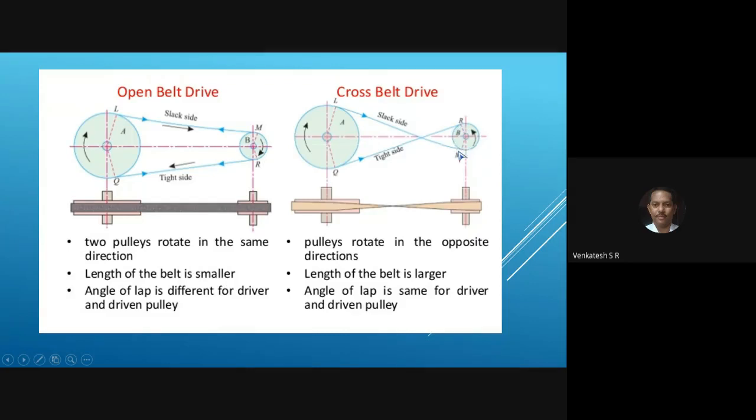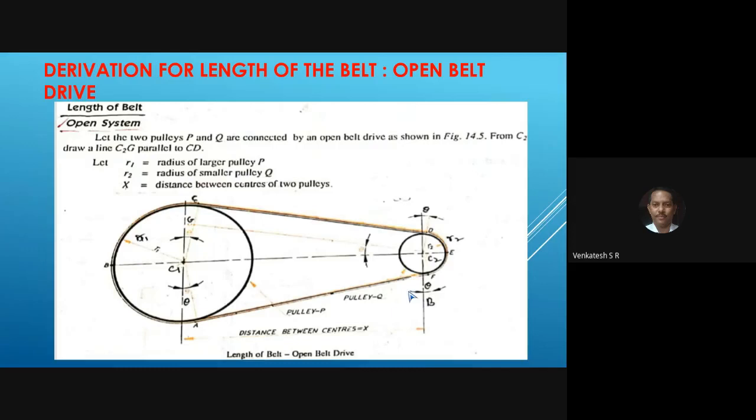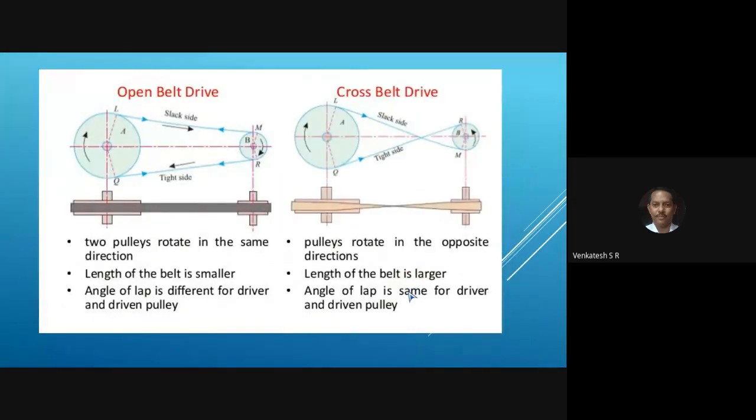See the contact: only this much portion of the pulley has contact with the belt, R and M, and L and Q. So angle of contact or angle of lap is the same for driver and driven pulley.